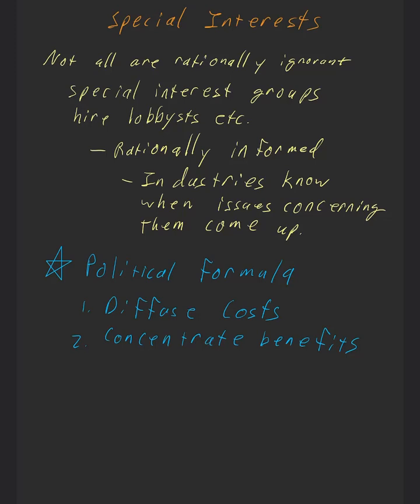This leads to the political success formula. This means to diffuse costs and to concentrate benefits. What I want to do is cause everyone to pay a little bit more in taxes and then give a particular group, we see lots of cases of this. Farm subsidies is one of the most common cases, but subsidies to any number of industries, any types of groups, right?